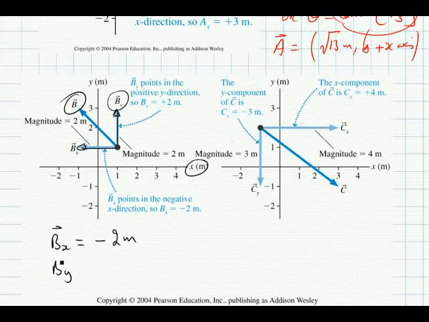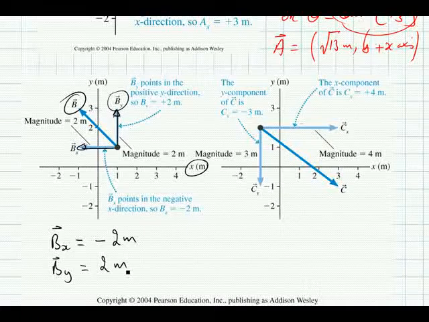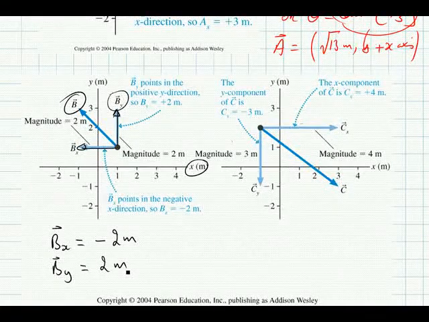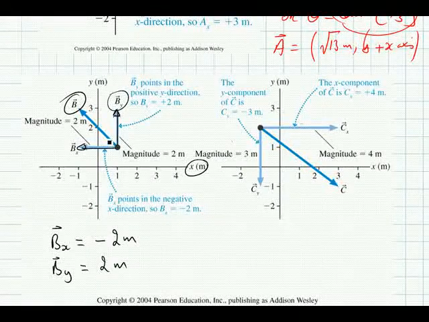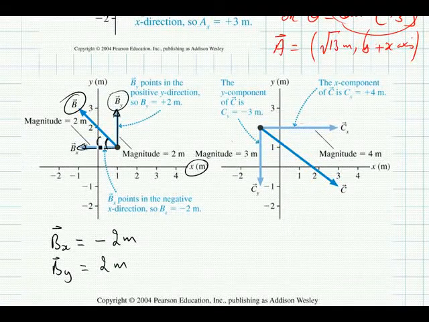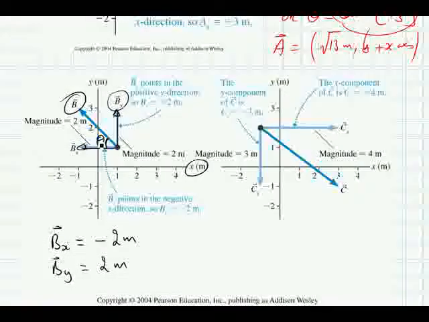By is plus 2 meters. So once again, you can go ahead and figure out the magnitude of B using the Pythagorean theorem, and in this case it's probably best to specify vector B with respect to angle theta with respect to the negative x-axis.